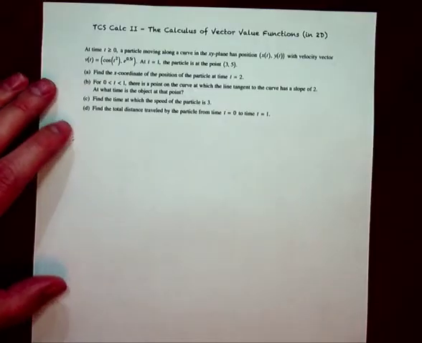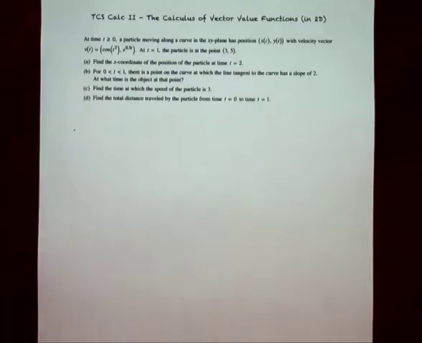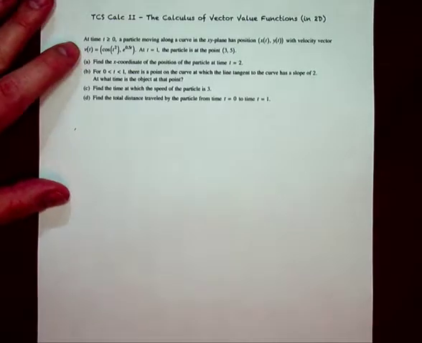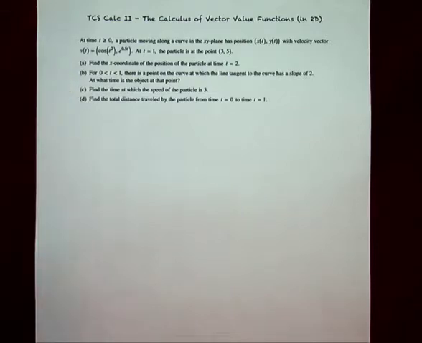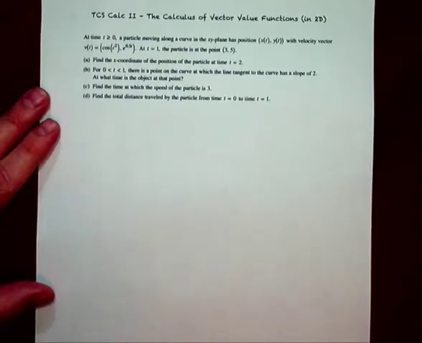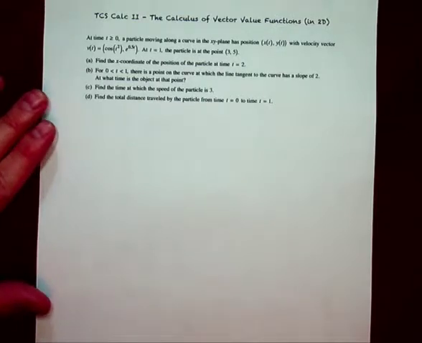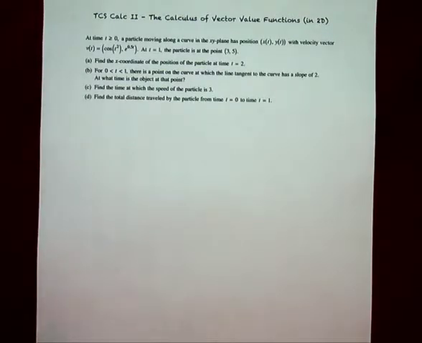Alrighty. At time t greater than or equal to 0, a particle is moving along a curve in the xy plane, has position x of t and y of t, with velocity vector, and they give you the velocity vector. At time t is equal to 1, the particle is at 3, 5. Now, find the x-coordinate of the position of the particle at time t is equal to 2.